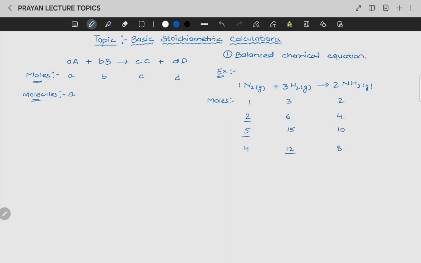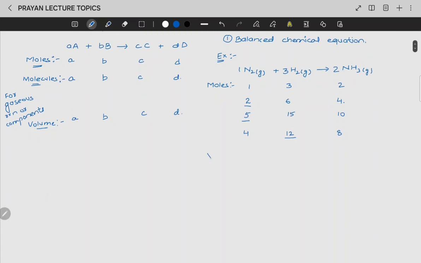It means a molecules of capital A will combine with b molecules of capital B to produce c molecules of capital C and d molecules of capital D. And in the same manner, especially for gaseous reactions or gaseous components, we can also write the ratio of volumes, and the ratio of volumes will also be equal to the ratio of stoichiometric coefficients, which means a liters of capital A will combine with small b liters of capital B to produce small c liters of capital C and small d liters of capital D.